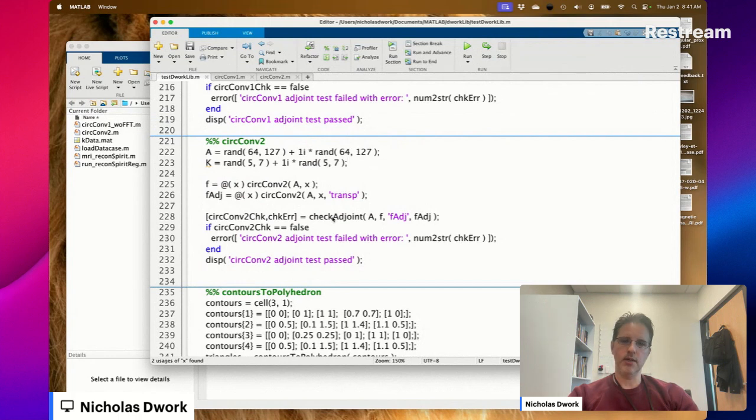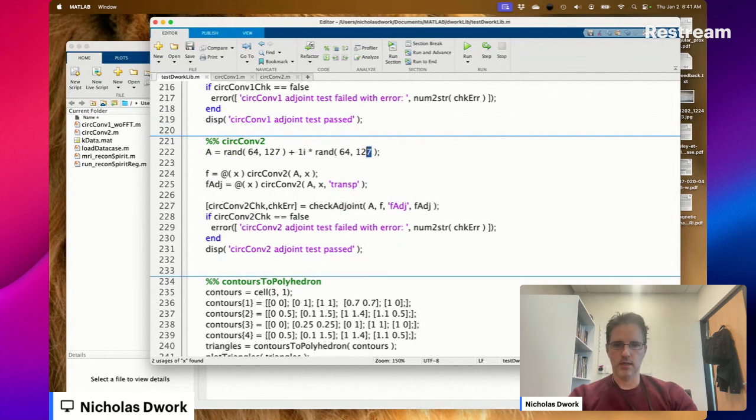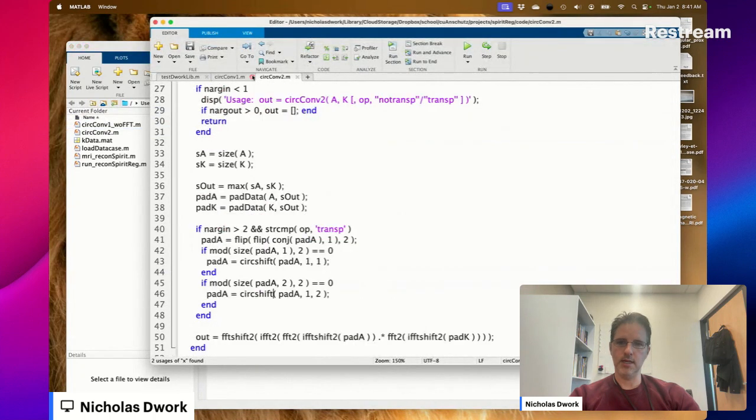How does this know? Oh, because it's a matrix. Okay. You don't need that. And just to be sure, we'll go through all combinations. Still passes. Still passes. Circ conv 2 is done.